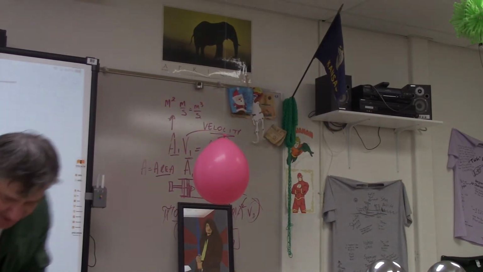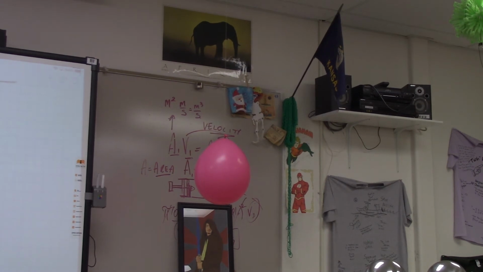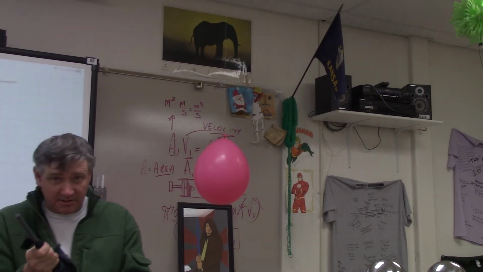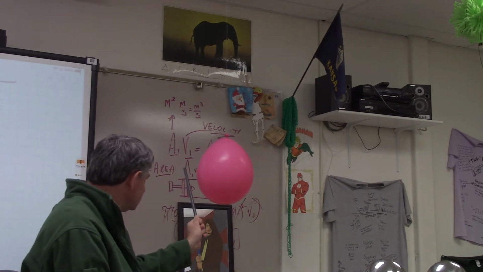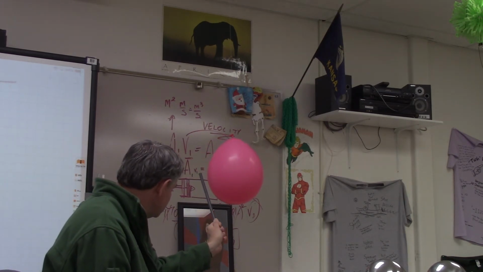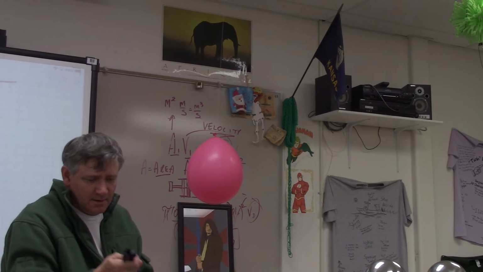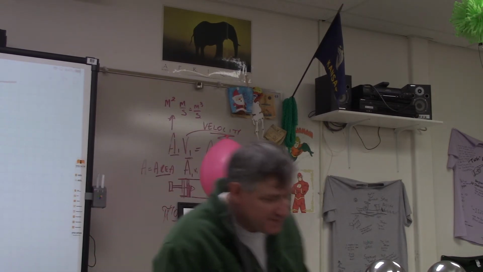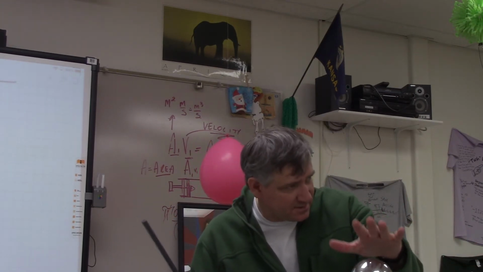Let's say I'm going to charge this rod. We've established that this is now negatively charged, because it's going to repel that a little bit. If this is negatively charged, and let's say it has 4 units of negative charge on it, and this metal sphere is neutral, and I bring this near it without touching, what's going to happen?